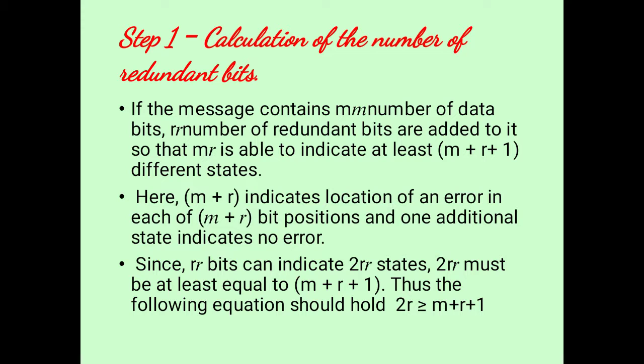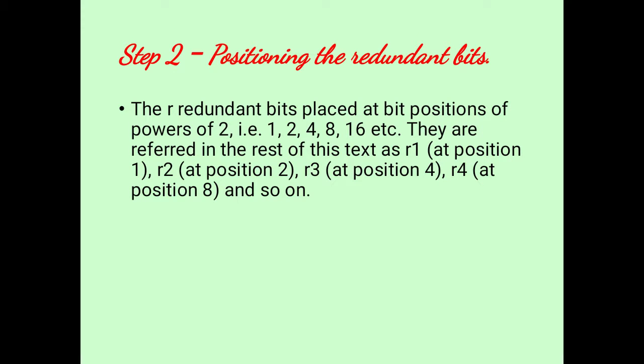Here, m plus r indicates the location of an error, representing bit positions, and one additional state indicates no error. Since r bits can indicate 2^r states, 2^r must be at least equal to m plus r plus 1. Thus the following equation will hold: 2^r is greater than or equal to m plus r plus 1. This is just the theoretical part; you just remember it as a formula.